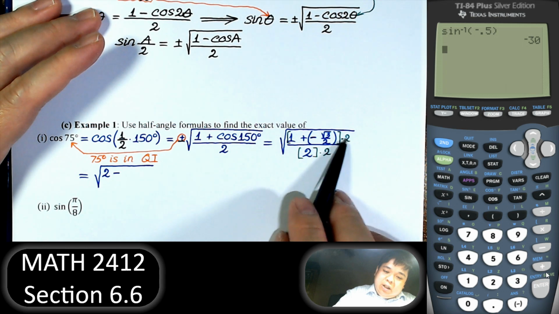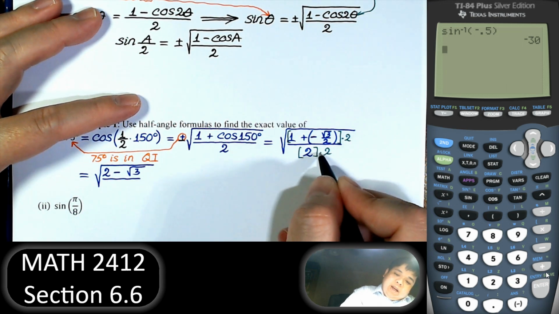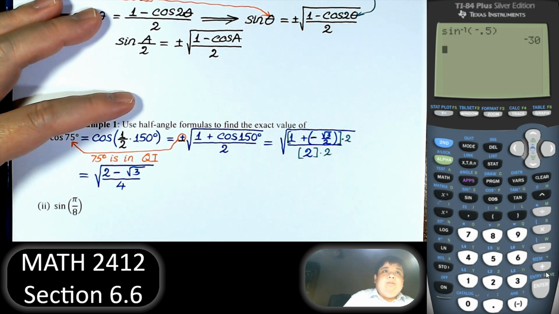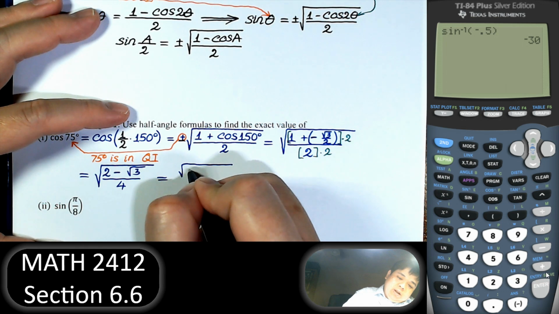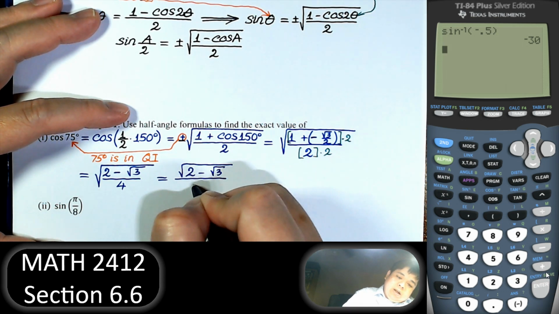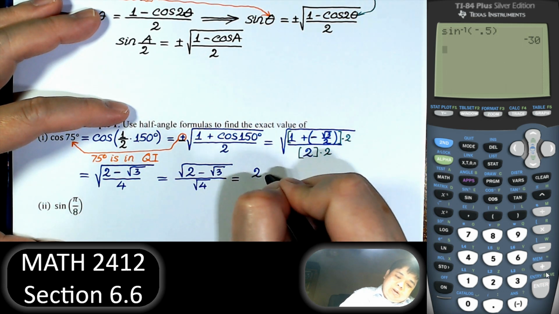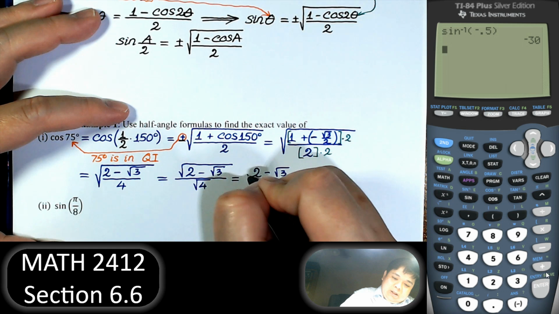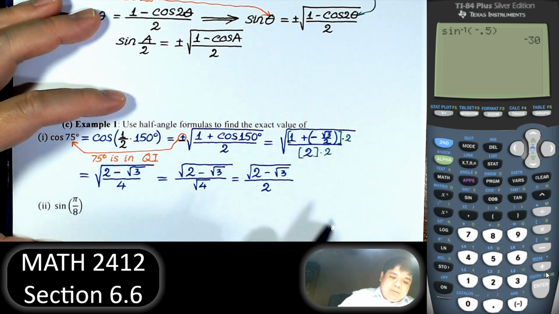Subtract, 2 and 2 cancel out, square root of 3, and then we have the 4 at the bottom, right? Then we can split the square root: on the top we have square root of 2 minus square root of 3 and square root of 4, so 2 minus square root of 3 over 2.